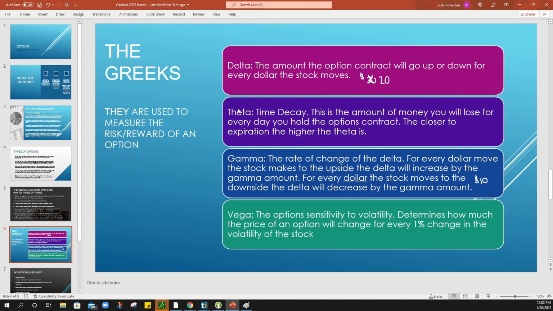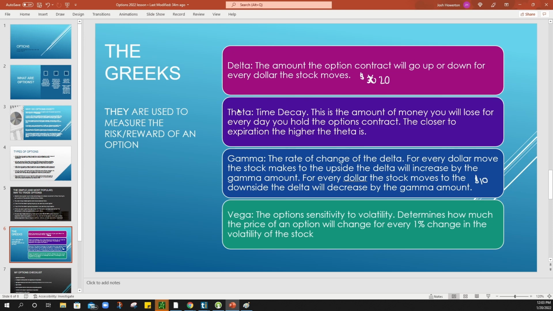Okay? The vega, again, something else that's not too important as possible day traders and just simple swing traders when it comes to options. So the vega is the options sensitivity to volatility. So the vega determines how much the price of an option will change for every 1% change in the volatility of the stock.